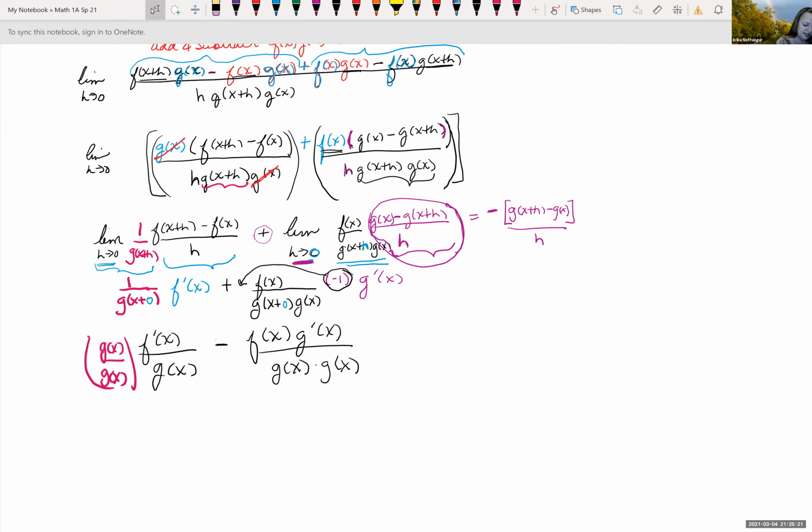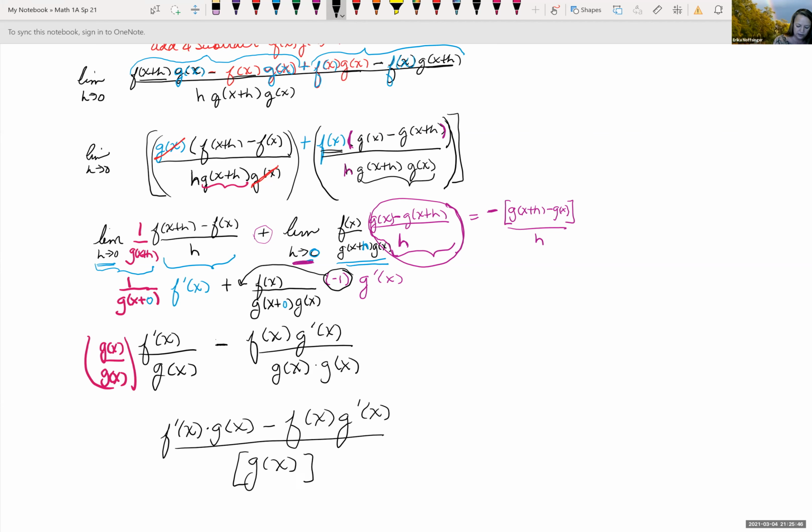And so rewriting this, now we have a common denominator. I have f prime of x times that g of x minus f of x times g prime of x all over g of x times g of x, but we can write that as g of x quantity squared.